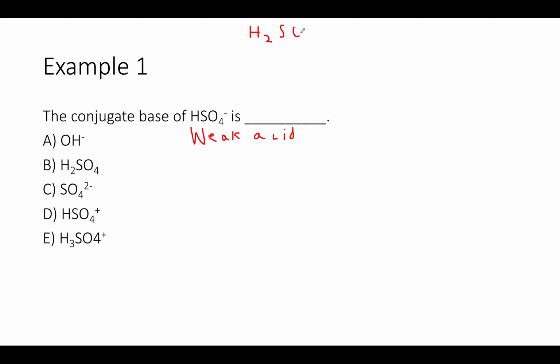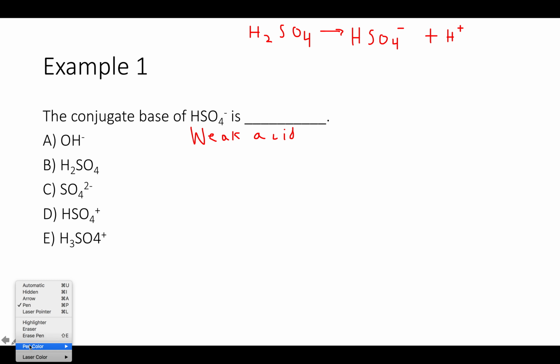And when you dissociate H2SO4, it's a strong acid, so you don't need the equilibrium. You get HSO4 minus and a hydrogen ion. So that's where HSO4 minus comes from.